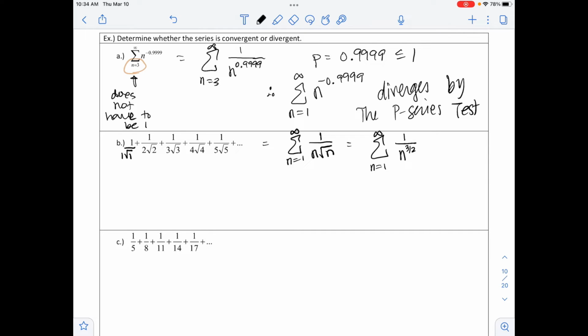And also using the p-series test, we know that p is equal to, in this problem, 3 over 2, which is greater than 1. And so this means that it is going to be convergent. So this converges by p-series test.